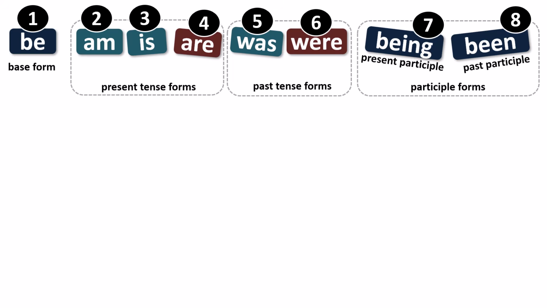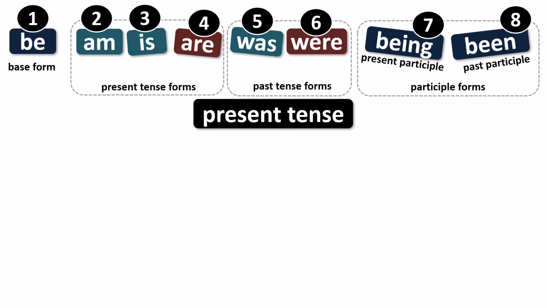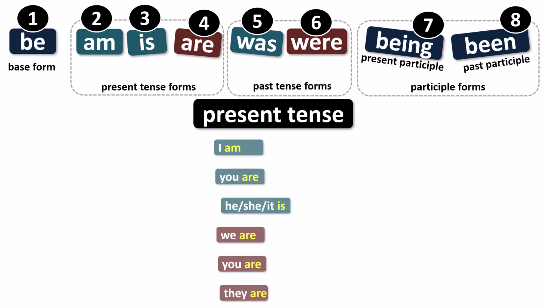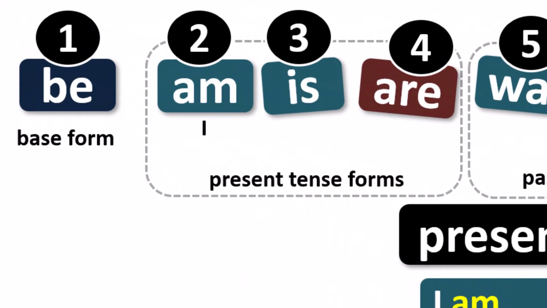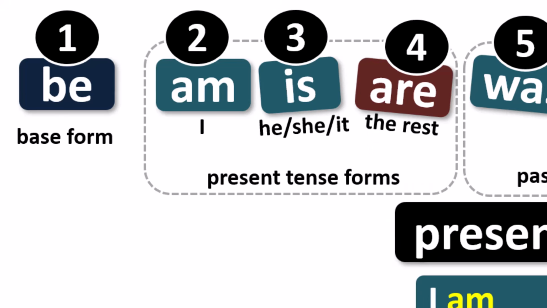For now, let's see where these other forms fit in the various tenses. Let's start with the present tense. You should be familiar with this. Am is used with I, is used with he, she and it, and are is used for the rest.